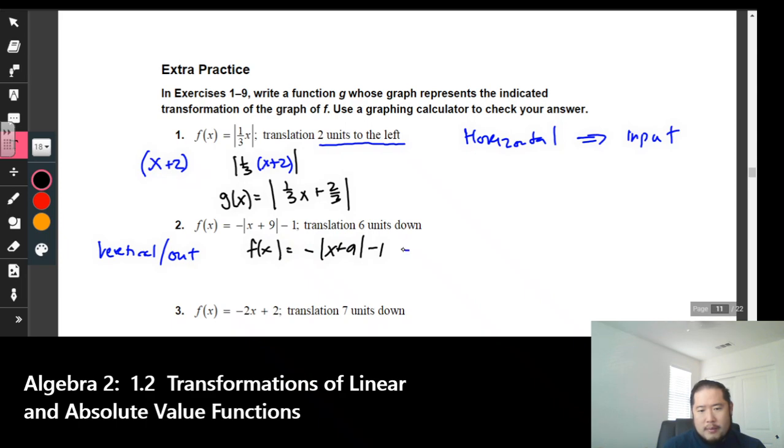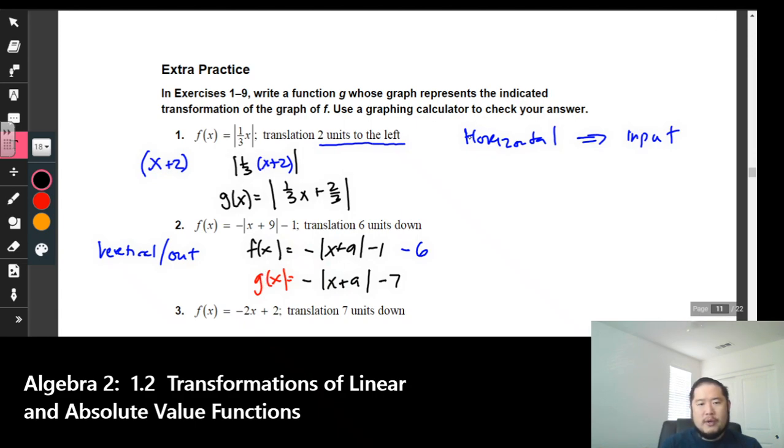So I'm going to put minus 6 right there. And in the end, let's simplify this. We'll have minus absolute value x plus 9, and then -1 minus 6 gets us -7. And so this right here is g of x, because it's not the same equation, so we don't want to use f of x again. We're going to use g of x to represent the transformation.